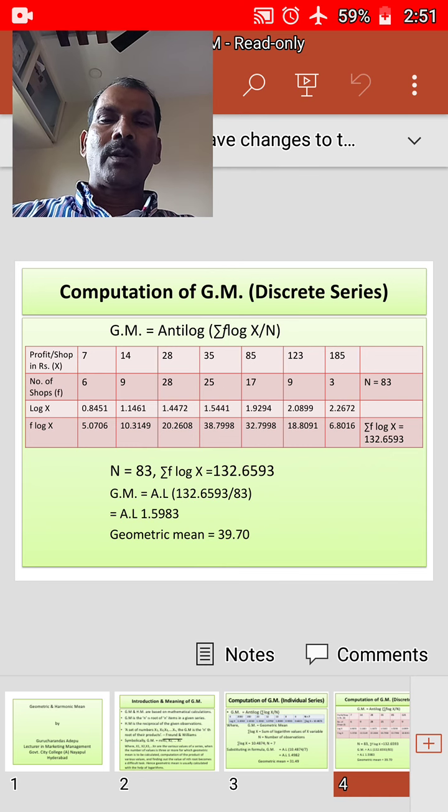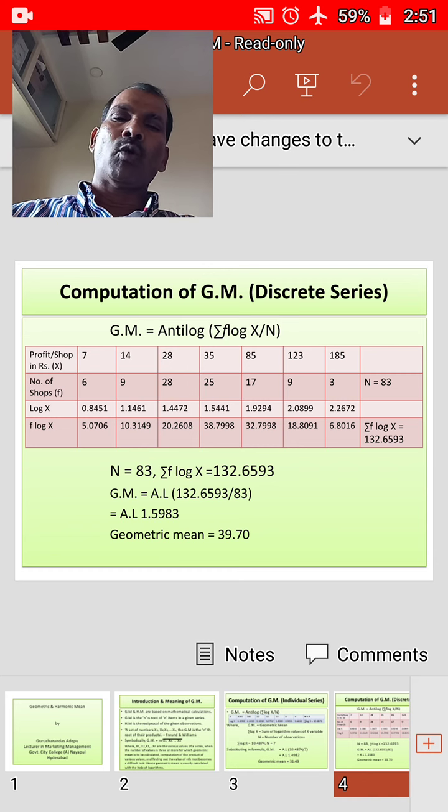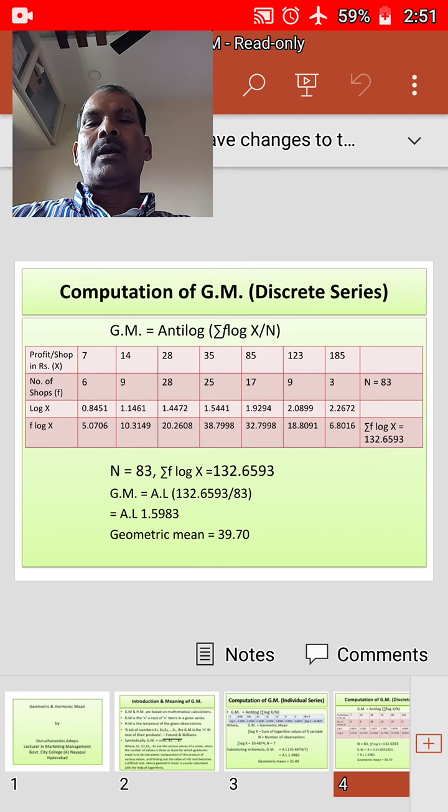If you summate all these f log x values, that will become sigma f log x, the total will be 132.6593. Then we came to know that n is equal to 83.